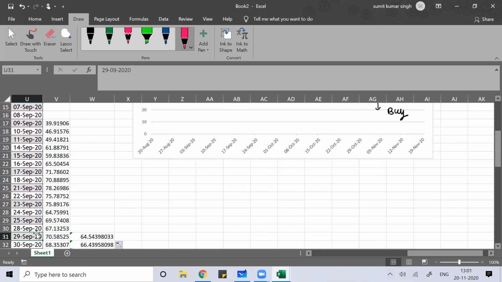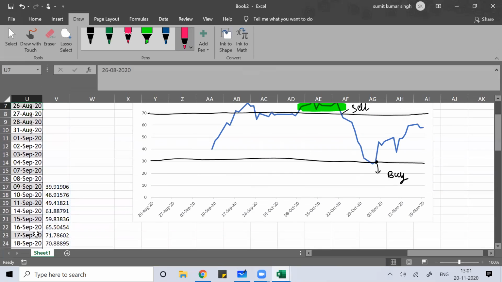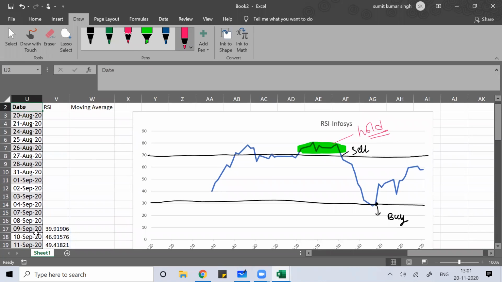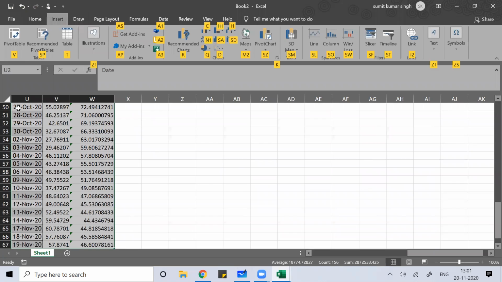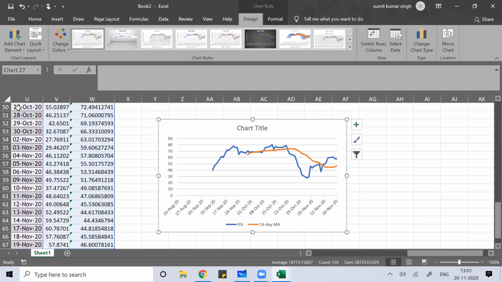So what I did, I just took the date and found the 14-day moving average. Now you can see this.